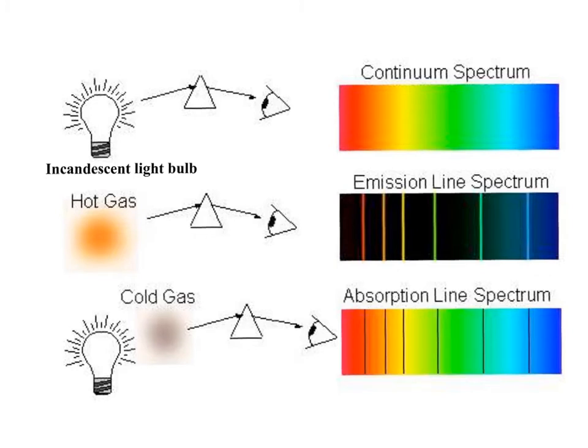But now, if we take an incandescent light source and we pass it through a cold version of the same gas, then what we find is we get the inverse. So we have in the background the continuous spectrum of the incandescent light source.